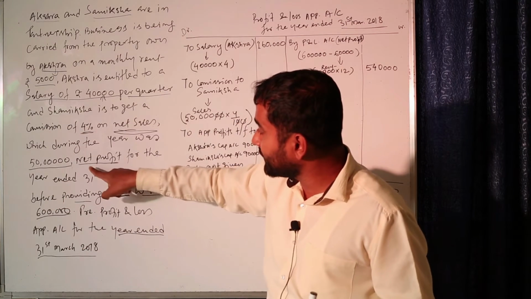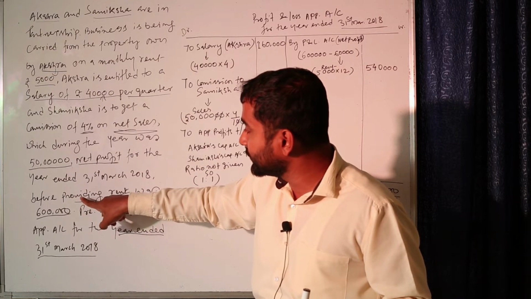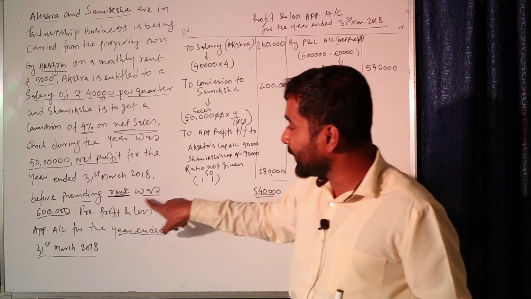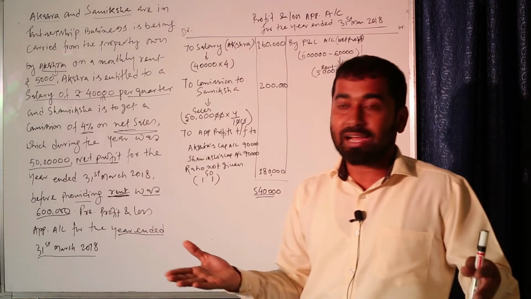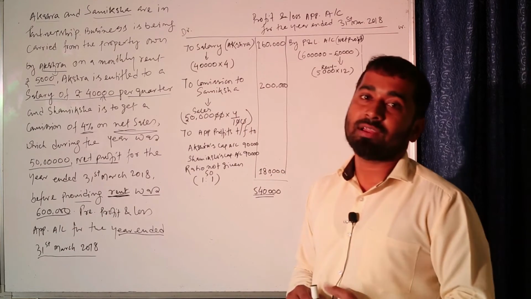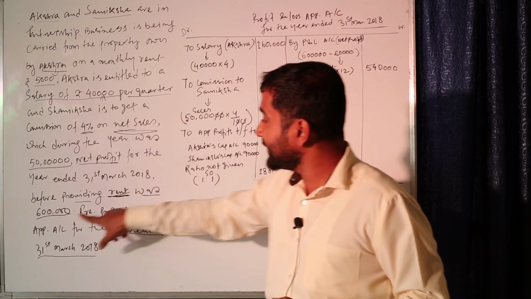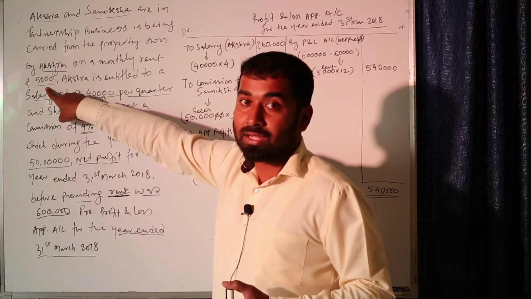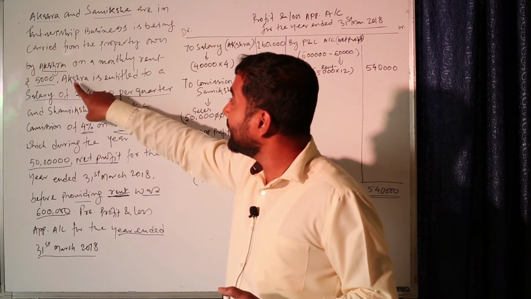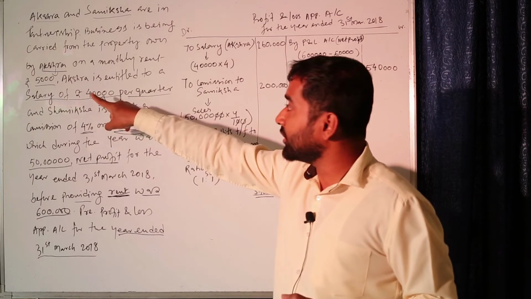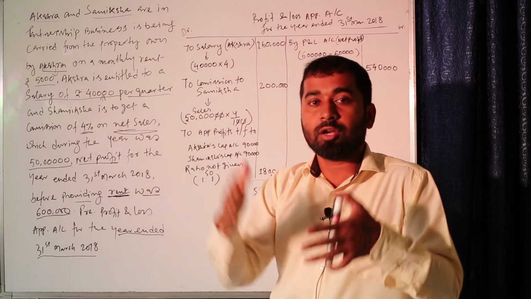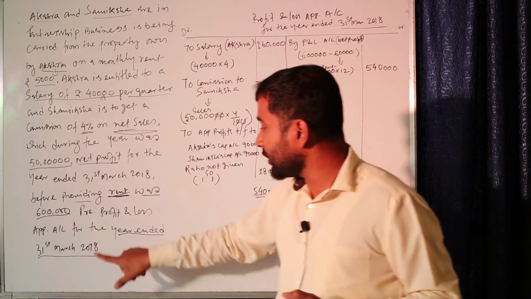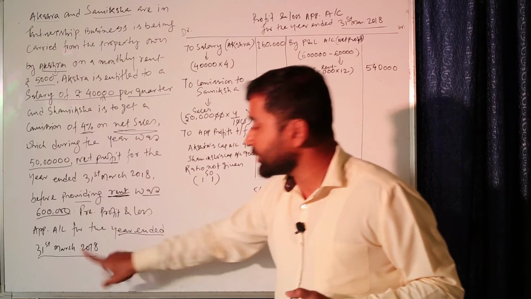If you have not read from here to here, you might be confused that it is rent, but remember it is not rent; here net profit is 6 lakh, but the rent is mentioned here. Check once, 5,000 per month. So we have to calculate 5,000 per month for 12 months. Now prepare the profit and loss appropriation account for the year ended 31st March 2018.